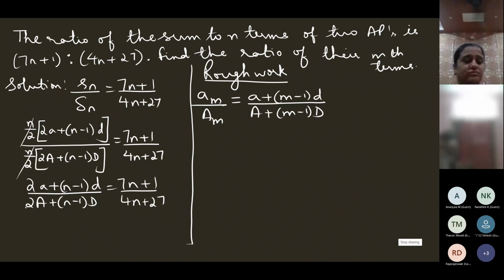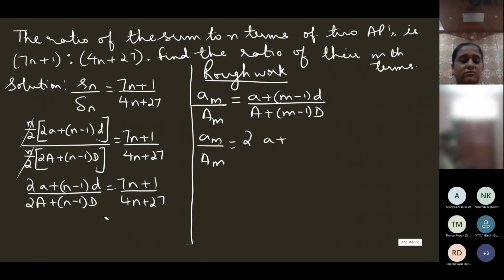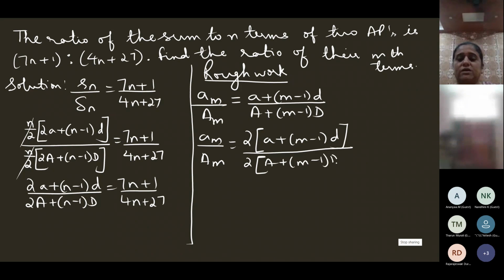Multiply 2 by numerator and denominator. So we multiply the numerator by 2, 2a plus m minus 1 into d, like this. And we also multiply the denominator by 2. Don't cancel 2 and 2. We have multiplied, we want it.